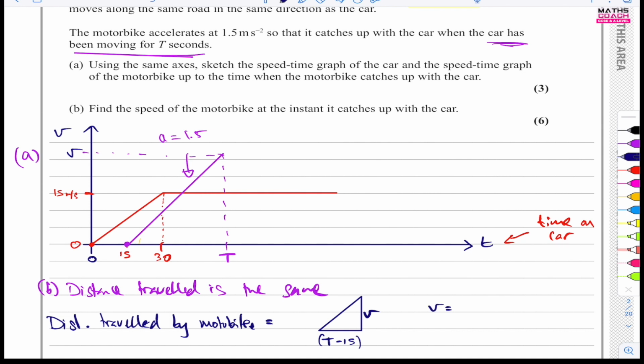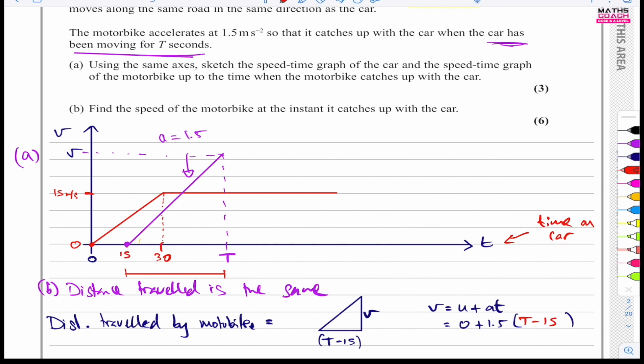So the height is v. v equals u plus at. We know that it starts from rest, so u is 0. Acceleration is 1.5. And the time it was accelerating for is the time between 15 and capital T, so it would be t minus 15.